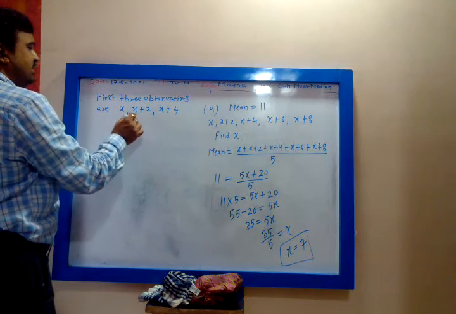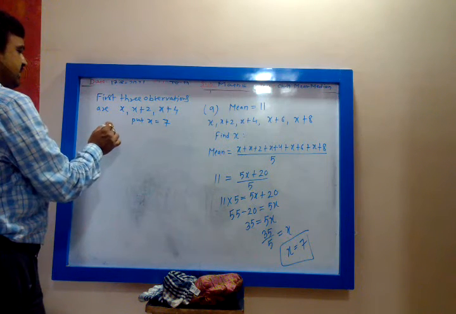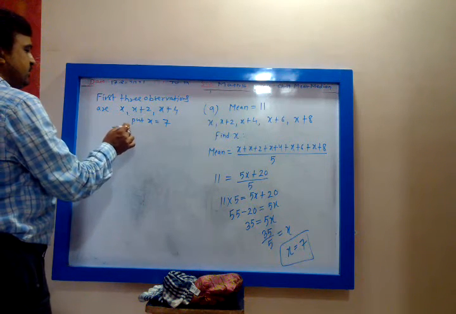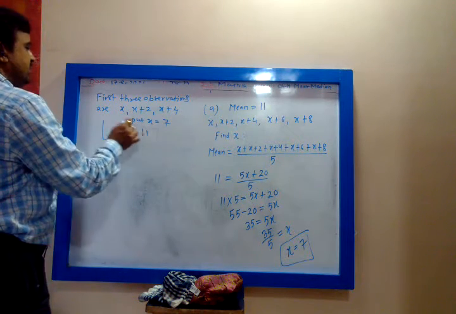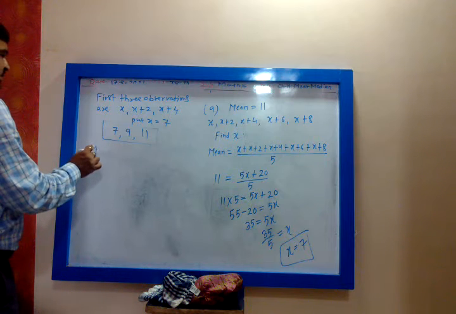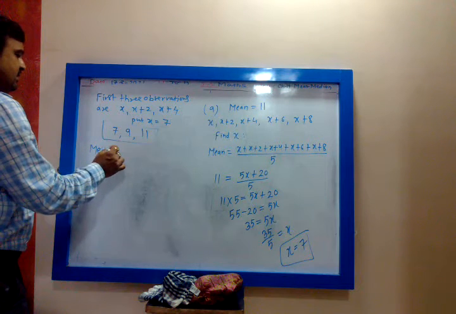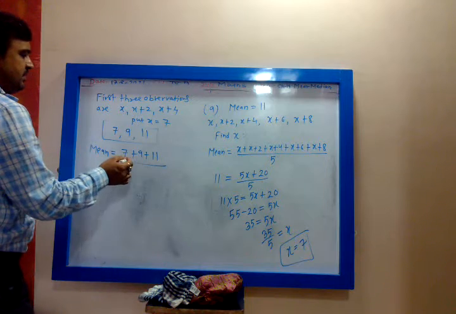Now put the value of x. Put x is equal to 7. So the observations will be 7, 7 plus 2, 9, 7 plus 4, 11. These are the first three observations. You have to find the mean value. So the mean value of the first three observations will be 7 plus 9 plus 11. How many observations? 3.